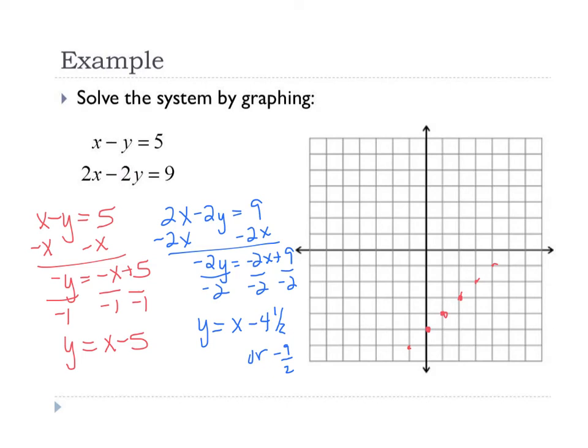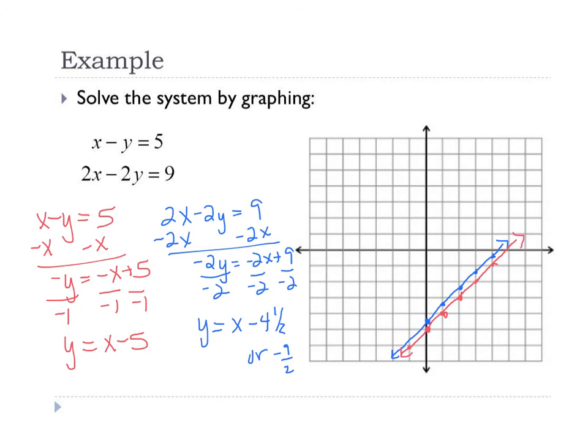So I'm going to start at negative 4.5, which is right there, and go up 1 over 1. And what's happening here? They are parallel, oh so close to each other, right? Those lines are parallel, and you could probably tell they're parallel before you graphed them.